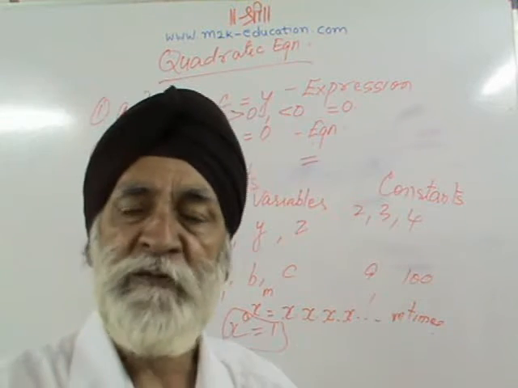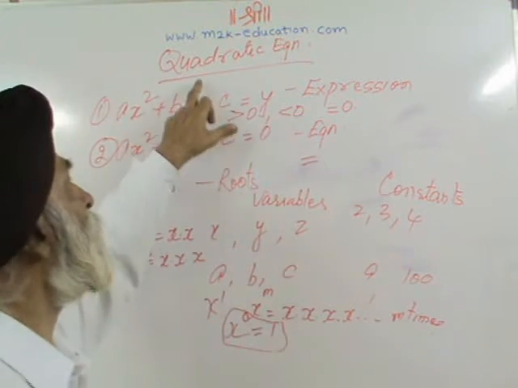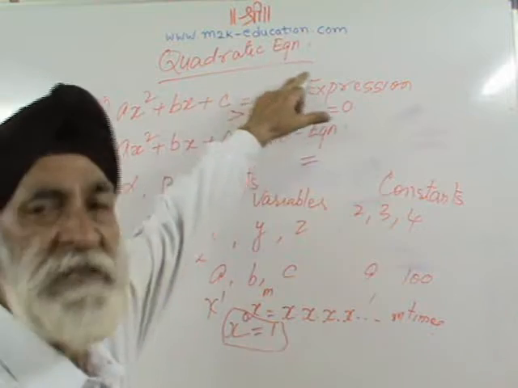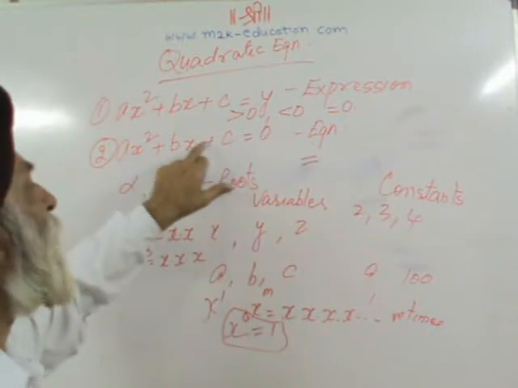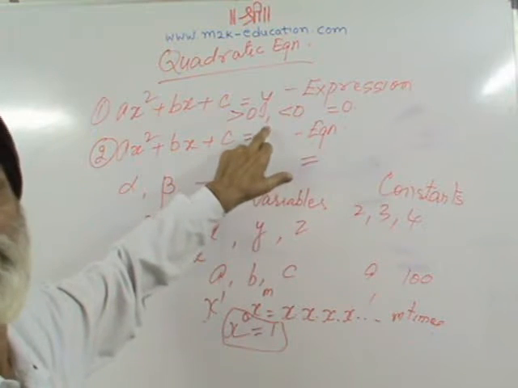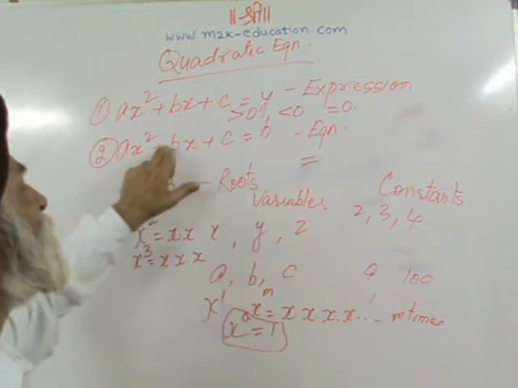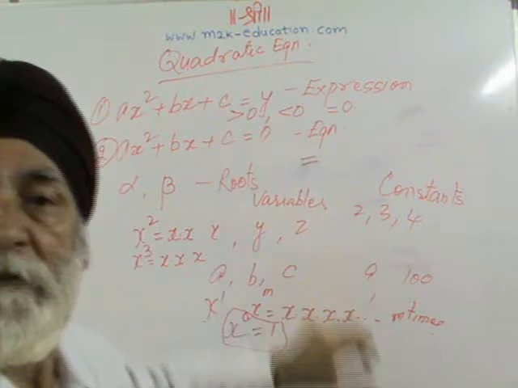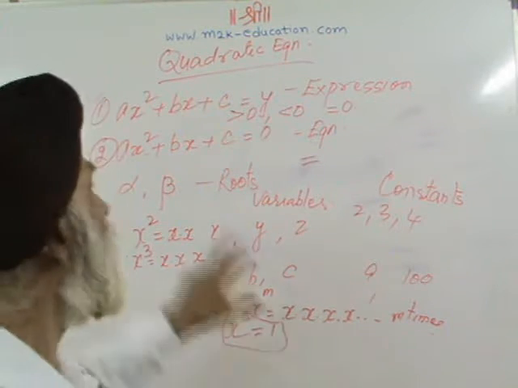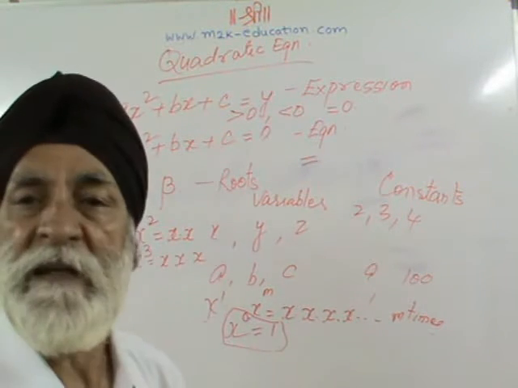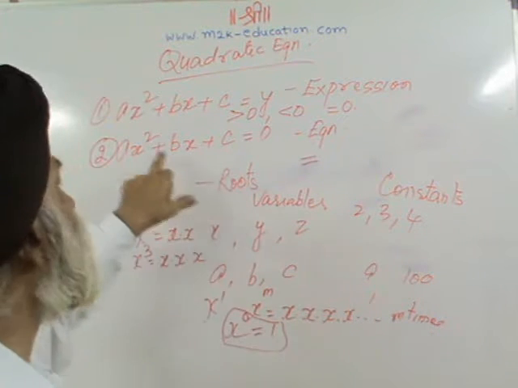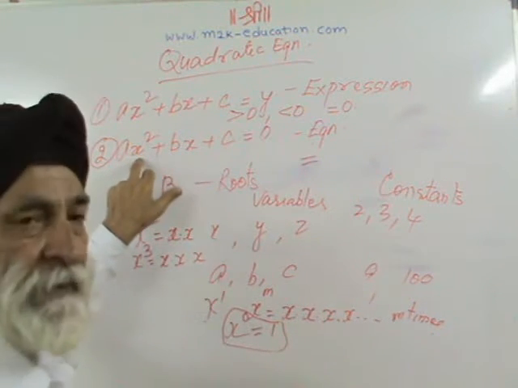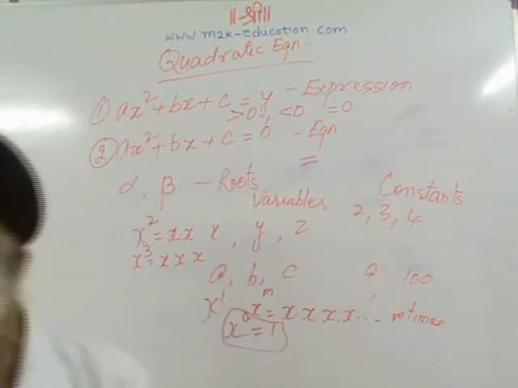Now clarifying more, when we use the word quadratic equation, then it is very clear, it is ax square plus bx plus c equal to 0, where a, b, c are coefficients and x is a variable which has only two roots because the highest power is x square. Now I give a small example.